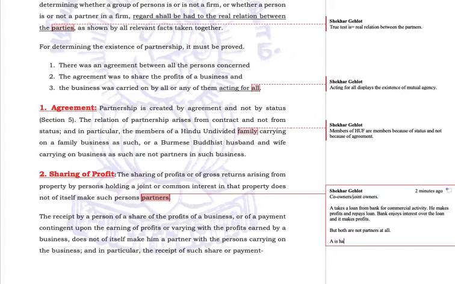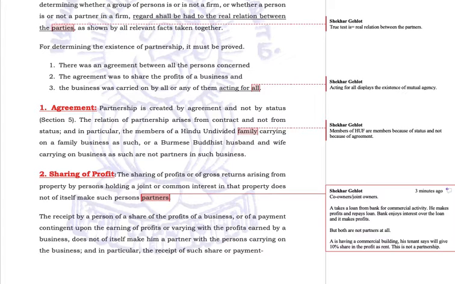A is having a commercial building. His tenant, suppose McDonald's, takes the premises on rent, and McDonald's says, I'll give you 10% share in the profits as rent.